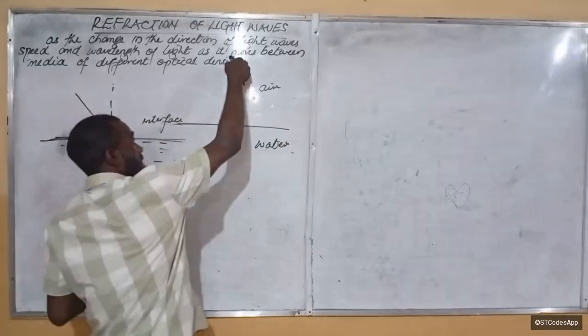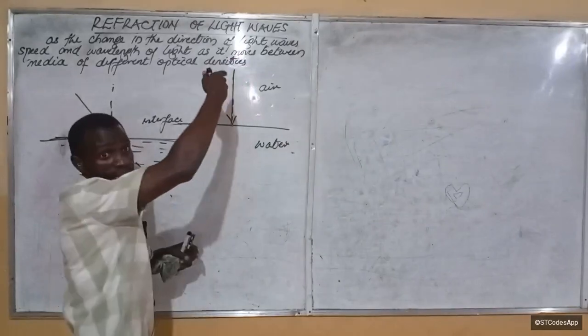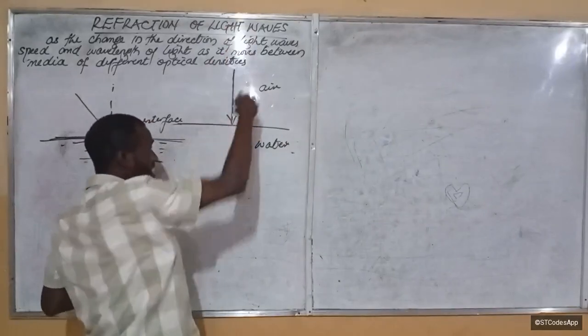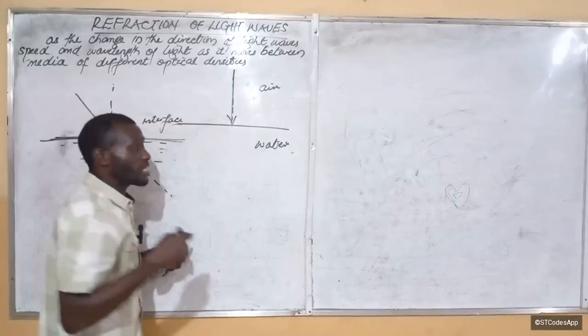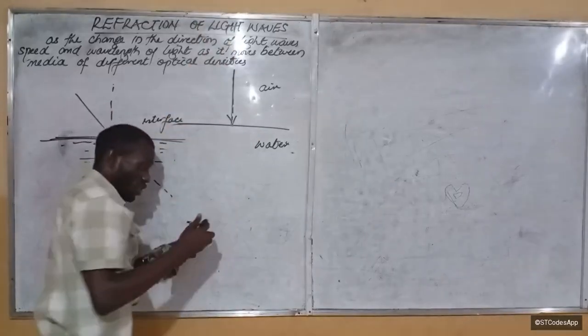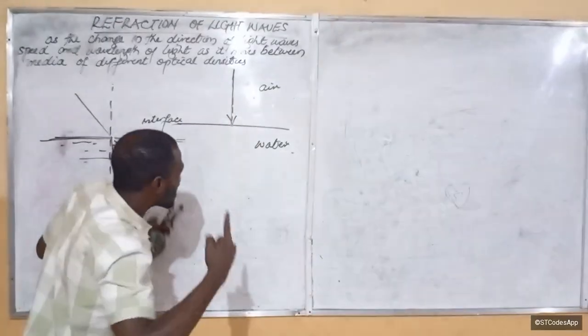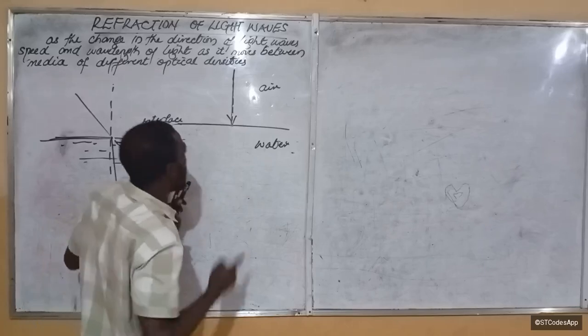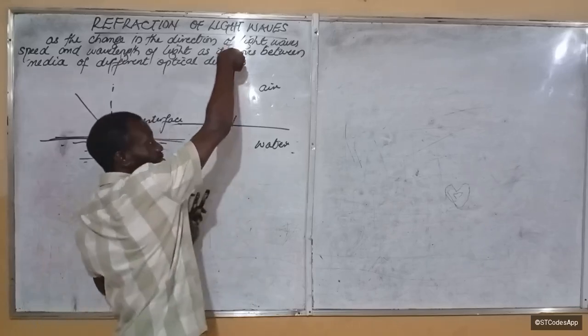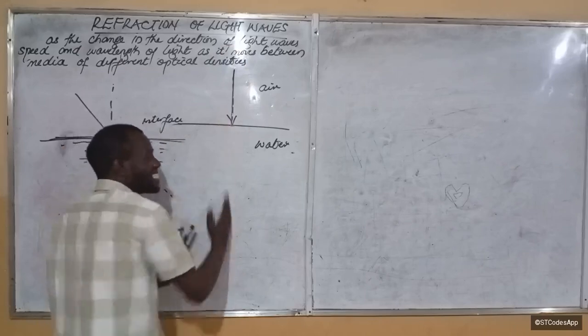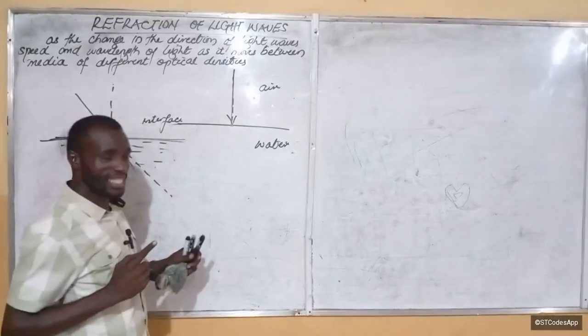So when the ray of light goes from air to water, since it is moving along the normal, directly perpendicular to the water, this one will not bend, but it will still be refracted.